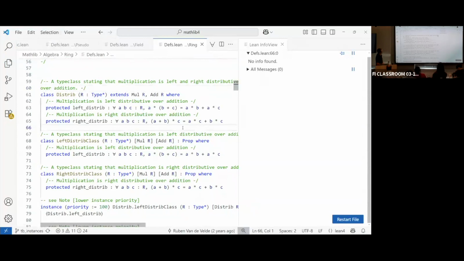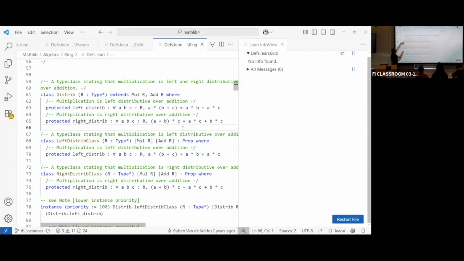Technically, there's a slight difference. Suppose you've made some new fancy object and you want to prove that it's a Distrib. Then the extends just means it's copying over the fields. So there would be four things you would have to provide: multiplication, addition, and proofs of these two.